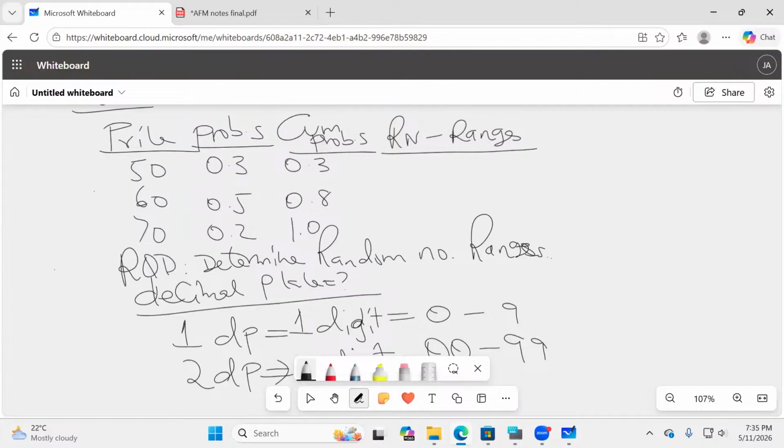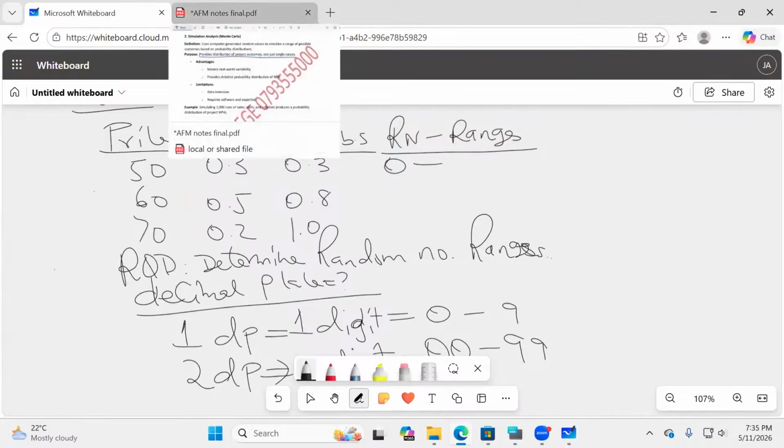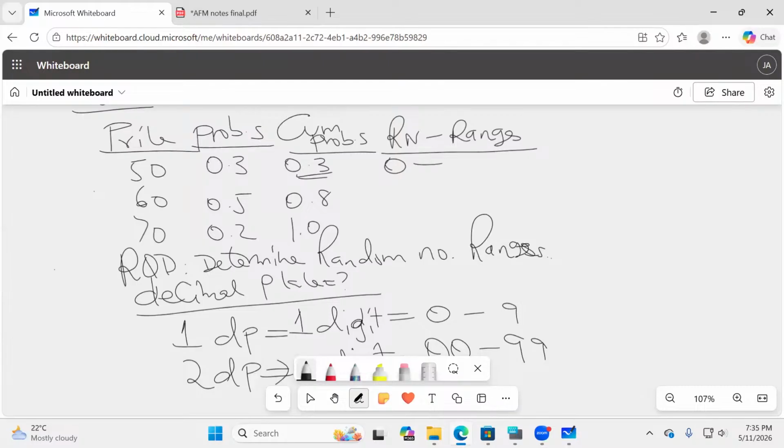It has always to start from what here, somebody? 0. And then how do I get the upper limit? To get the upper limit, you read this number as if it's a whole number. So read it as if it is 3. And then I take away 1 to get the upper limit. So I will take 3 minus 1, which is what you had, somebody? 2.